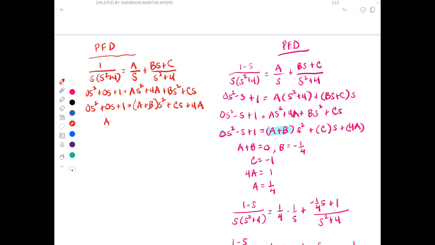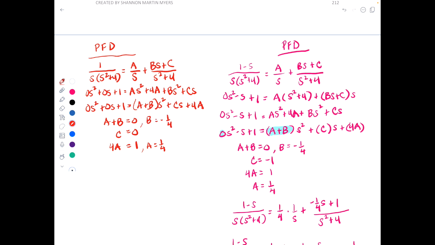So this time the A plus B is still 0. C is also 0. And 4A is again 1, which makes A 1/4, C is 0, and B would be -1/4.